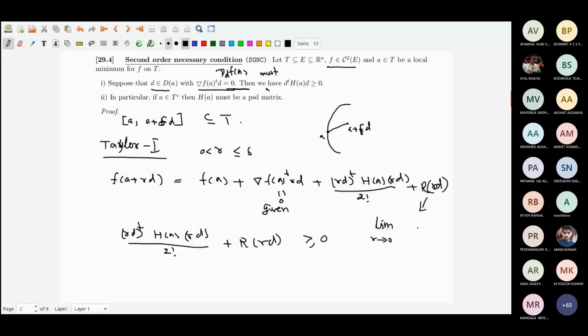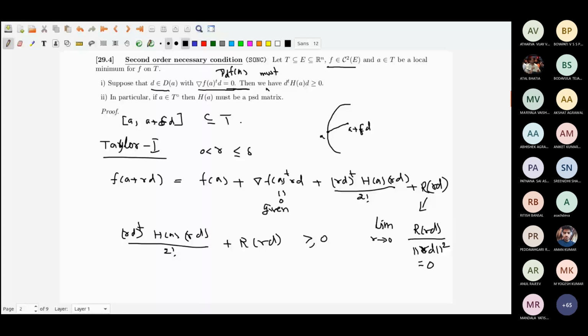That means if you divide it by degree 2 and take the limit as r goes to 0, you will get this equal to 0. That is given to me by the Taylor series.